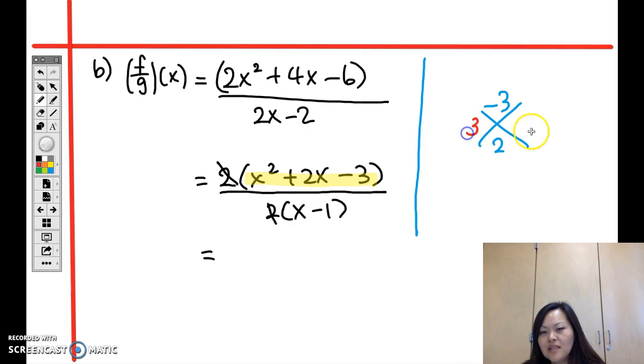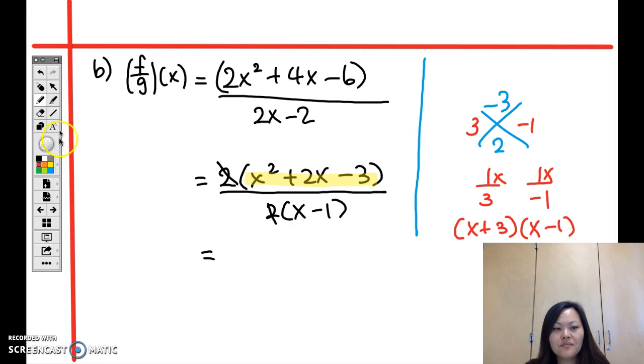Let me see. 3 times negative 1 is negative 3, and 3 plus negative 1 is 2. My leading coefficient here, you see that, is a 1. So I'm going to put 1 on top of my fraction bars, and 3 and negative 1 goes at the bottom. I can't simplify, so my factored form is, because I gotta put x on top, x plus 3 and x minus 1.